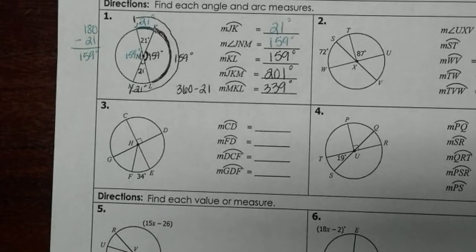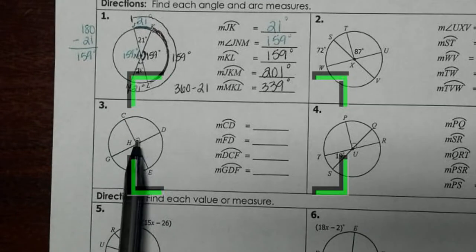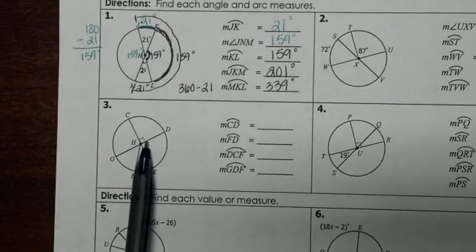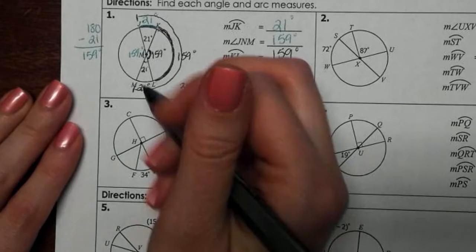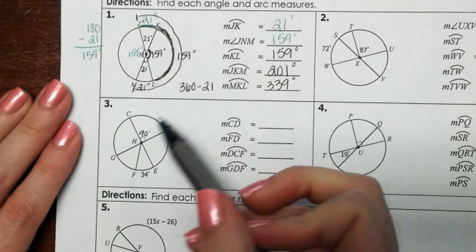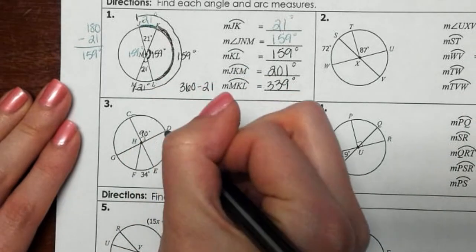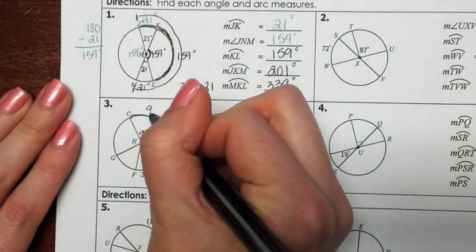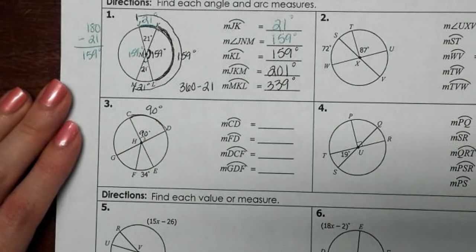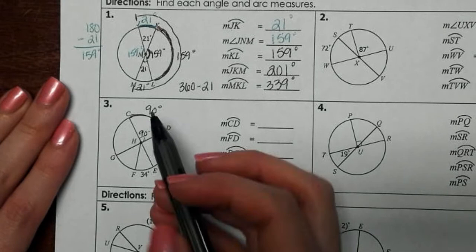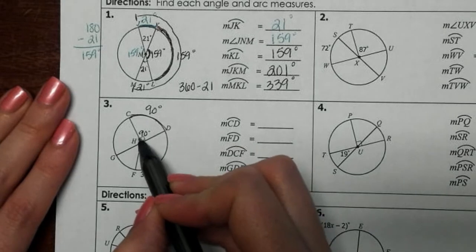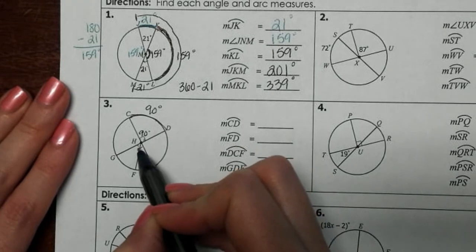So remember that this symbol right here, where you have a little box in this angle, that means it's a 90-degree angle. So the arc that's directly across from it, CD, right here, is also 90 degrees. Okay? I also know that since this is 90 degrees, the vertical angle to it is 90 as well.